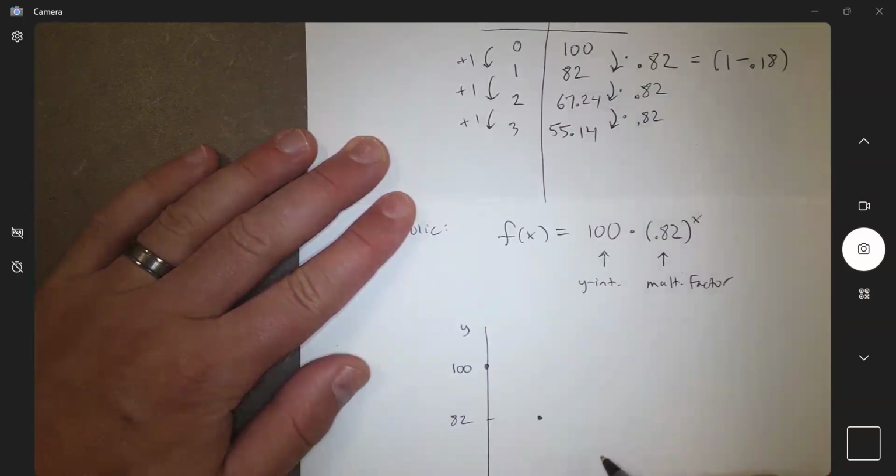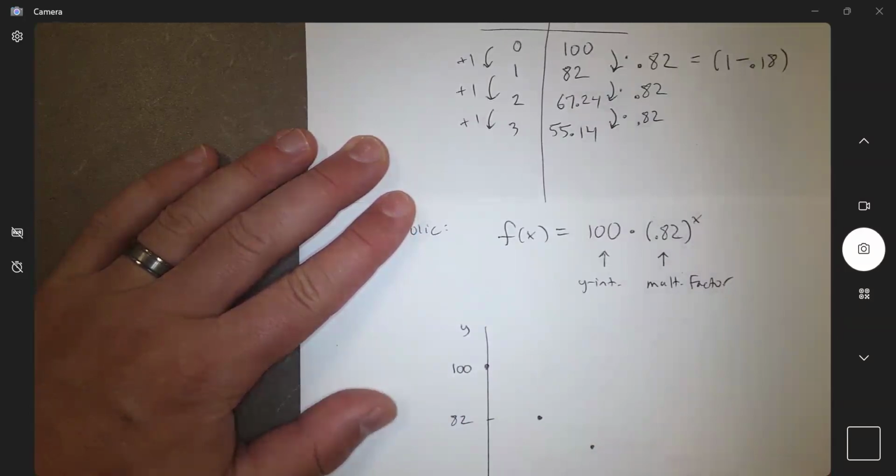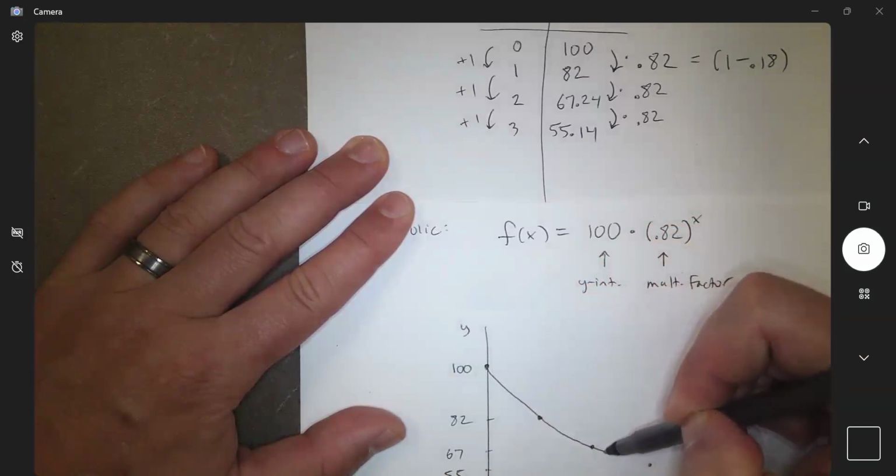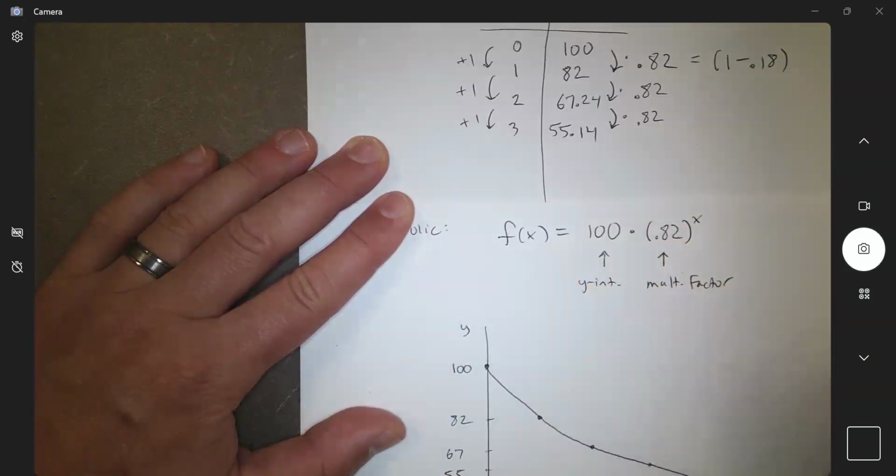So it does go down, but by not quite as much. Down here to 67. And after another month, it goes down again, but by not quite as much, to 55. And so we get something that curves down towards the x-axis like this.